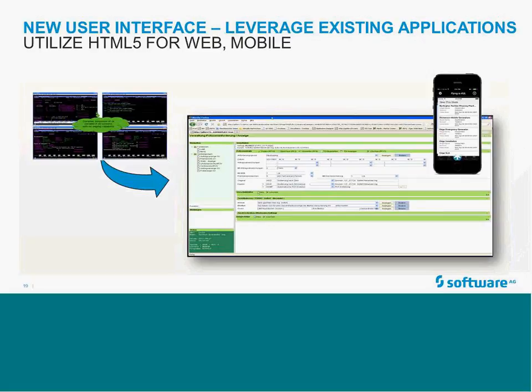We have a lot of customers that have done that very successfully, so that it's a more intuitive, more modern, more mobile approach. And it's both at the web level and at the smartphone and tablet level, so that you leverage HTML5. So you have that ability without changing your back end to present your capabilities in a new, more modern way.